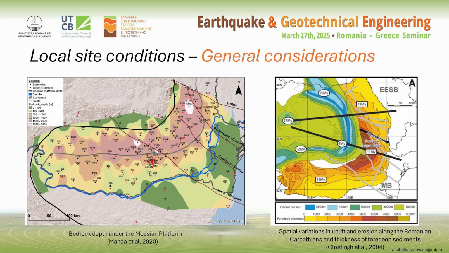As general considerations, the south of Romania and the north of Bulgaria compose the Dacian Basin. And as we can see here, the Danube Valley is the portion with the smallest local site conditions depth. Also, we can see that Bucharest is almost in the middle of the basin.